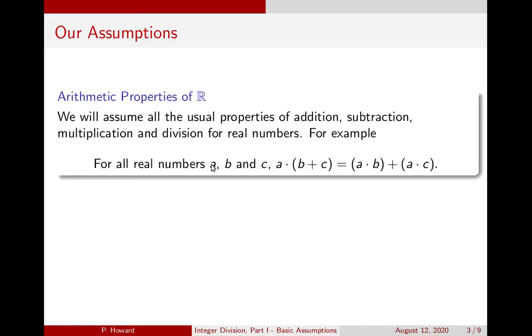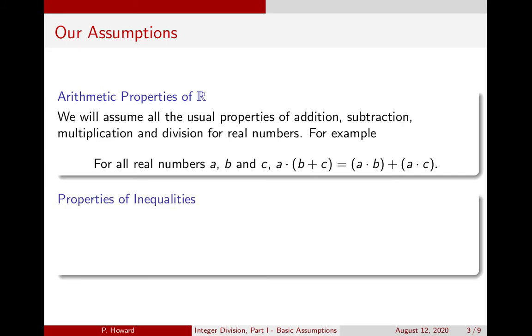For example, the distributive law. For all real numbers a, b, and c, a times the quantity b plus c is a times b plus a times c. And as you know, according to the conventions for leaving out parentheses, the parentheses on the right-hand side of this equation can be omitted.